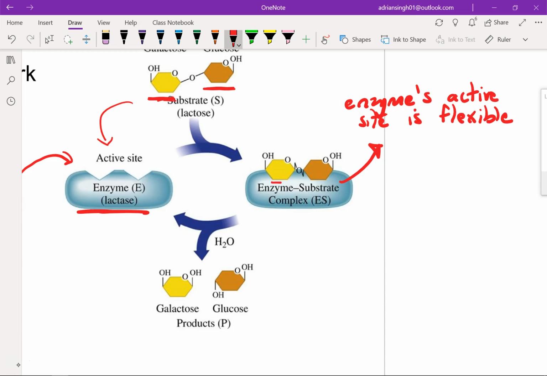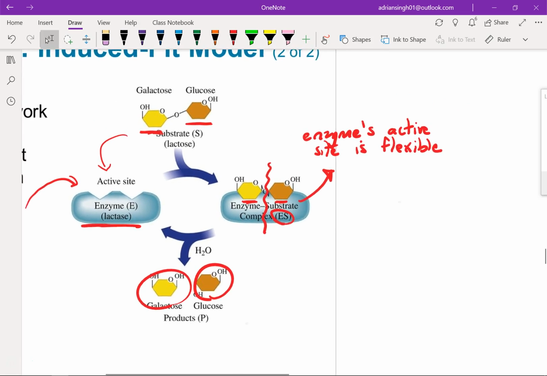Right, you'll see it's not triangular as it was before. It actually is able to adjust so that the substrate binds to it, forms the enzyme substrate complex. The enzyme does its thing, breaks this bond right here between the glucose and the galactose, releases those products, and then the enzyme is freed up, and it can repeat that process over and over again.